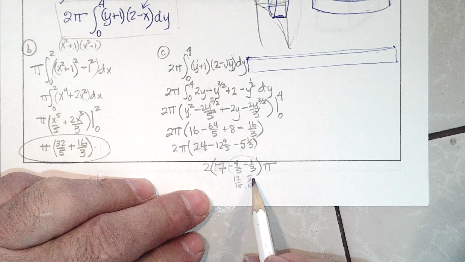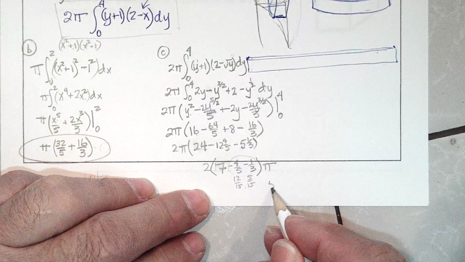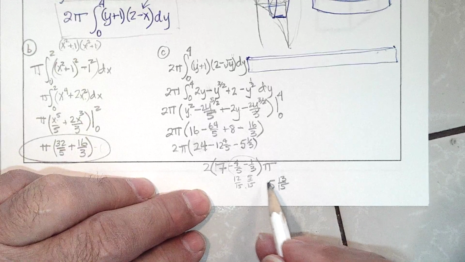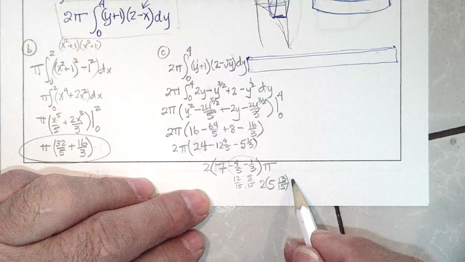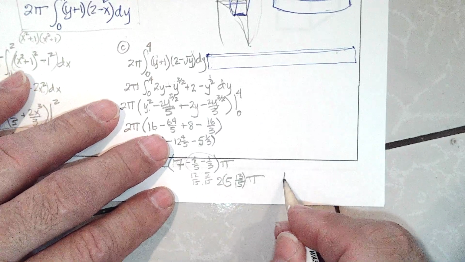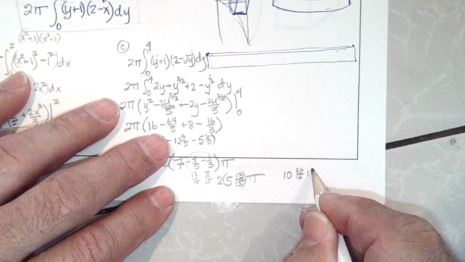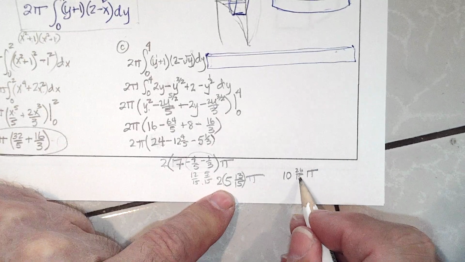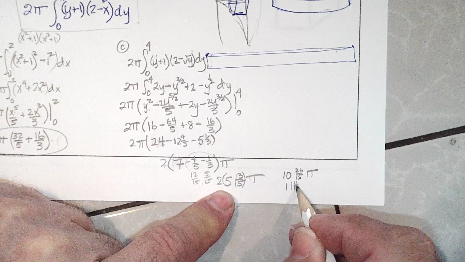And then if I take another 2 15ths off, I get 5 and 13 15ths. That I got to take times 2 and pi. So I got 10 and 26 15ths pi. And 15 goes in there once with 11 left over. So I get 11 and 11 15ths pi.